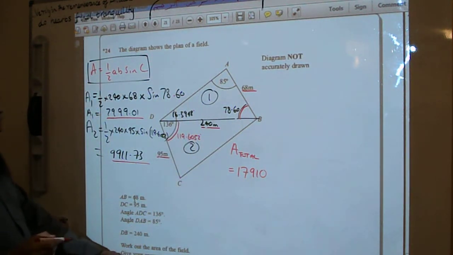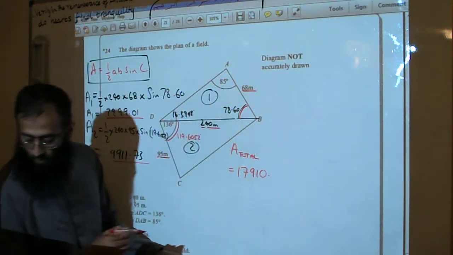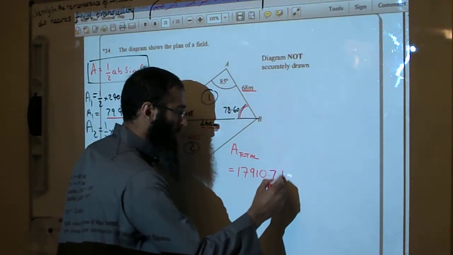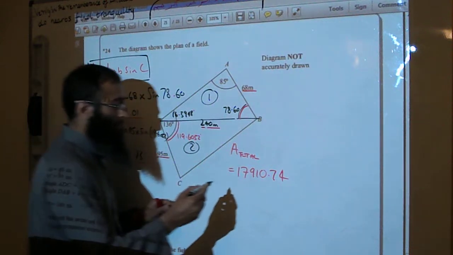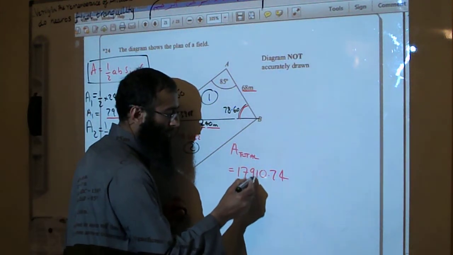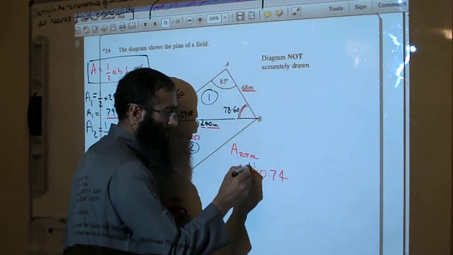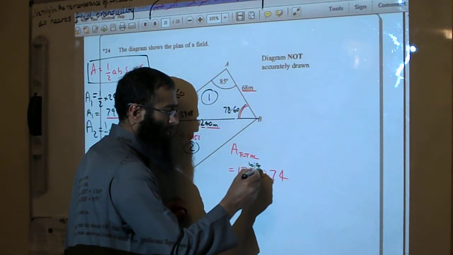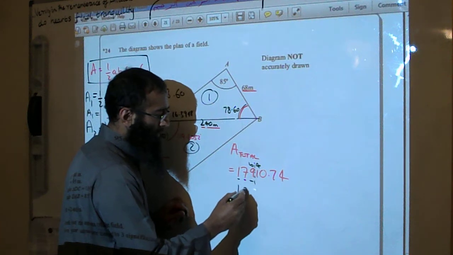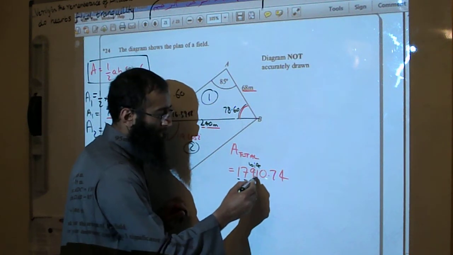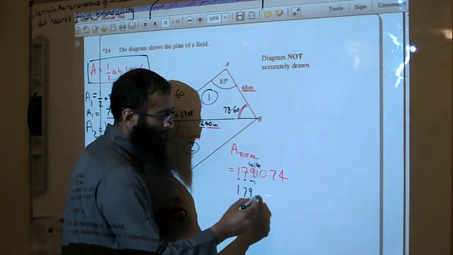So the answer needs to be correct to three significant figures. So 1, 2, 3. That's my last digit. The next digit is my decider. The decider is less than 5, so leave it alone. But you don't just stop there. You must fill up all the spaces up to the decimal point with zeros.